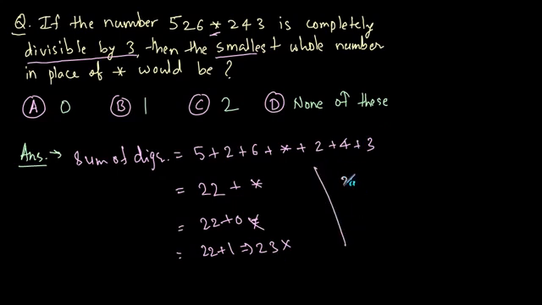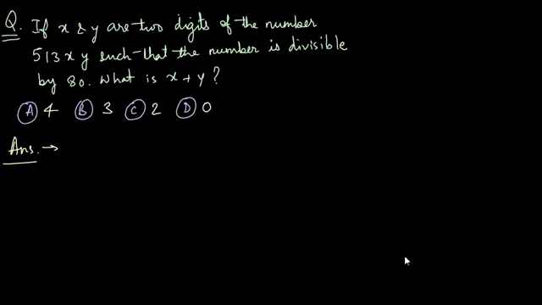If the value of star is 2, so 22 plus 2 is 24, and 24 is divisible by 3. So the lowest value that this asterisk or star can take should be 2, so that the number is divisible by 3. So the correct answer is option C.